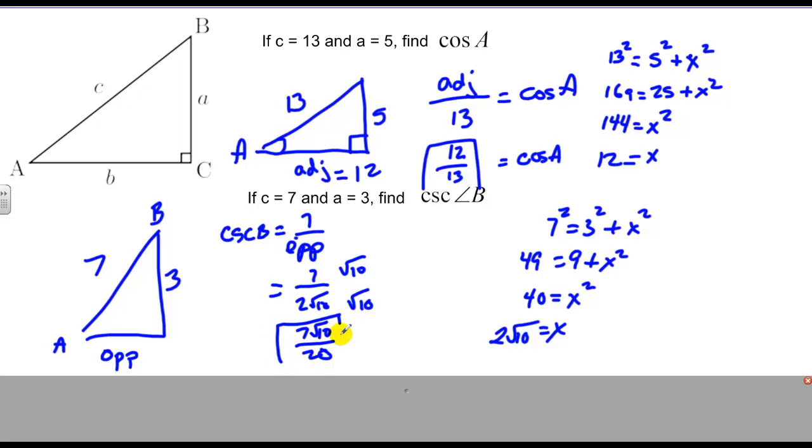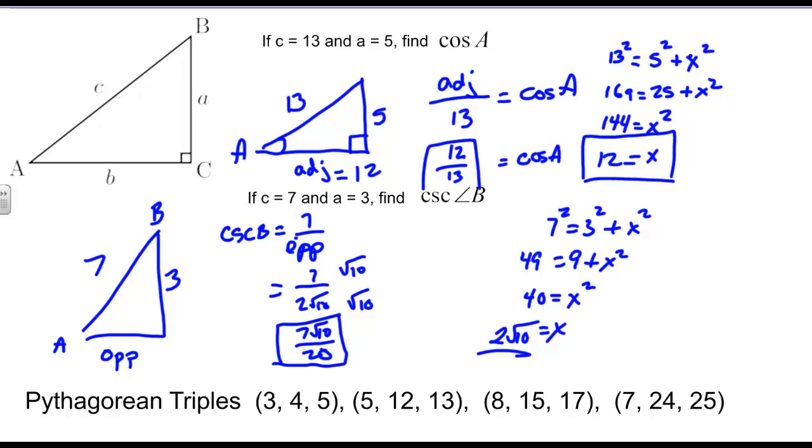Now, in certain circumstances, when we go through the Pythagorean theorem, we end up with some nice clean ones, like this 12 over here. 2 root 10 is not so clean. But when we end up with clean integer values from the Pythagorean theorem, then what you're working with is something called Pythagorean triples. These are some ones that just come up quite often, so I thought I'd give them to you.